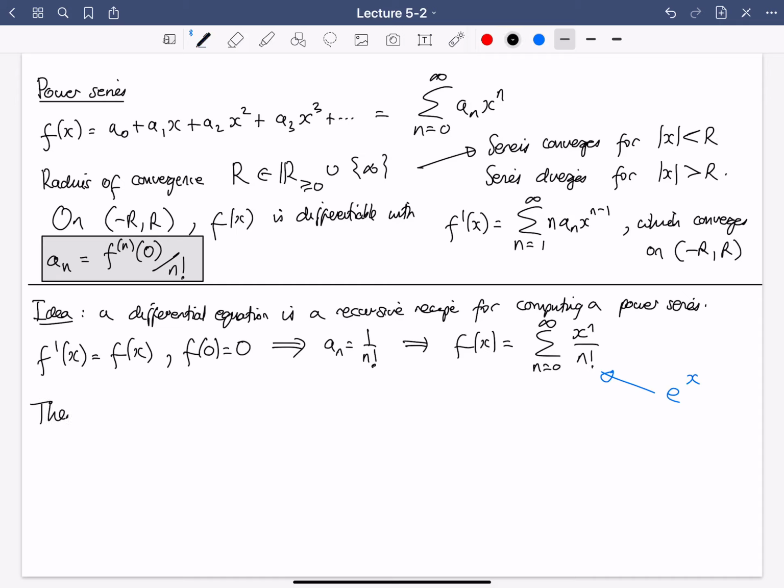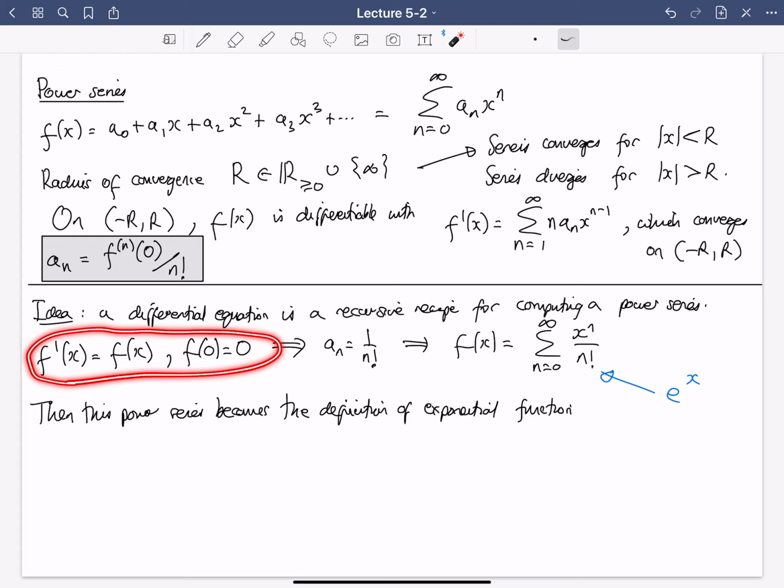So then this power series becomes the original definition of the exponential function.